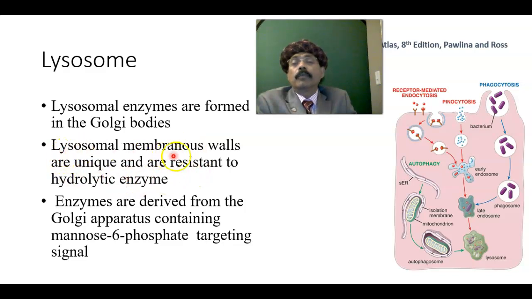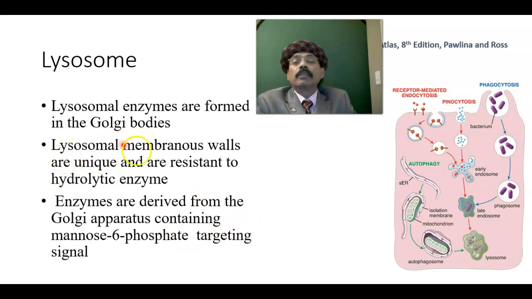So lysosomal membrane walls are unique. We have to remember that its walls are unique and are resistant to hydrolytic enzymes. Enzymes derived from the Golgi apparatus contain a mannose 6-phosphate targeting signal. So the enzyme or protein that gets this targeting signal will go to the lysosome. Other protein will go to the cell membrane or go out of the cell by exocytosis.